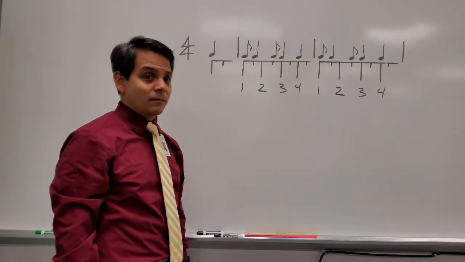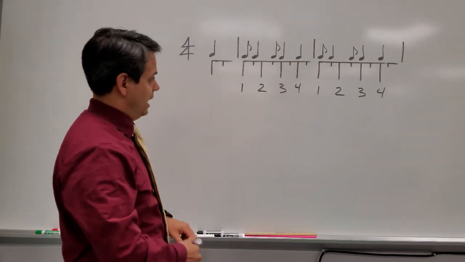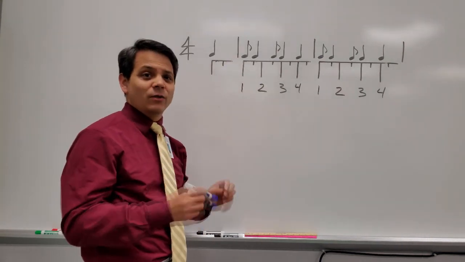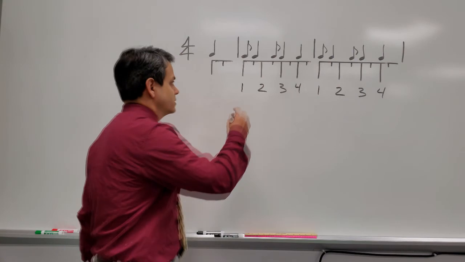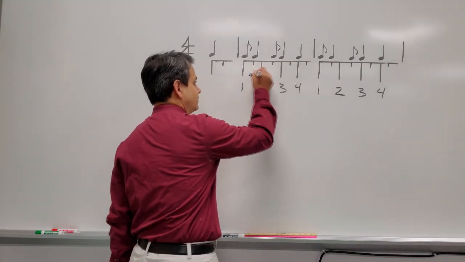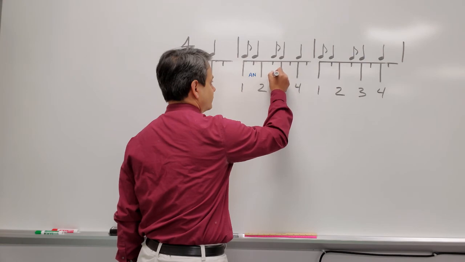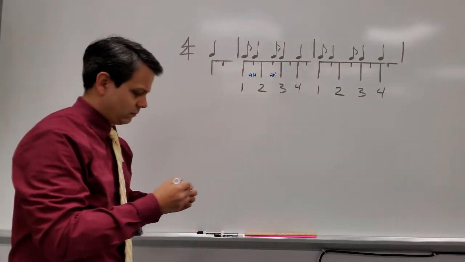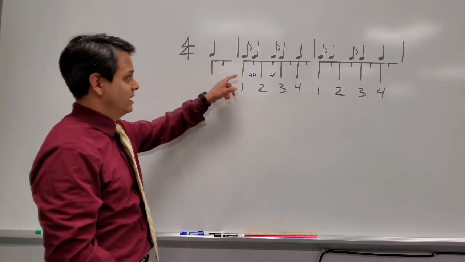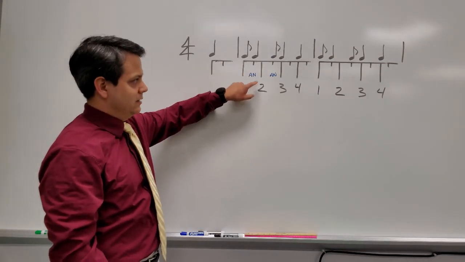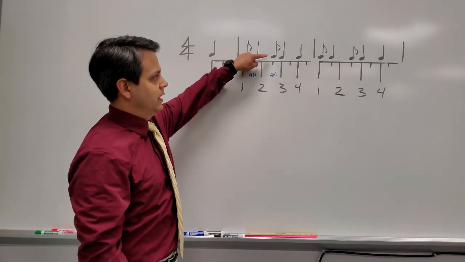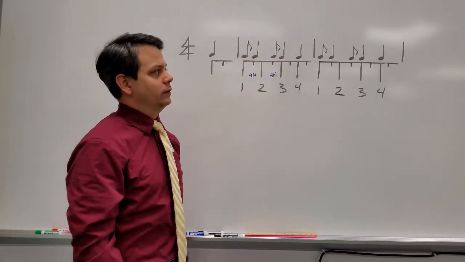If we use the number system, we have the numbers, but we also have a sound that we can make in between the numbers, and that is an "and." So if we count this rhythm, we will say 1 and 3, 4. 1 and 3, 4.